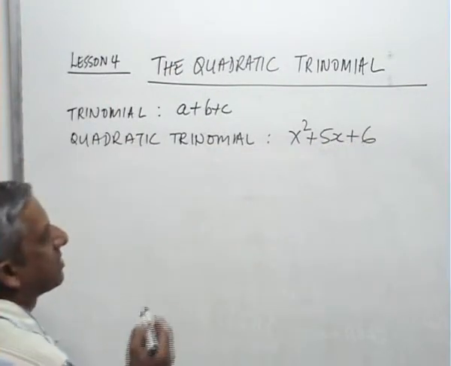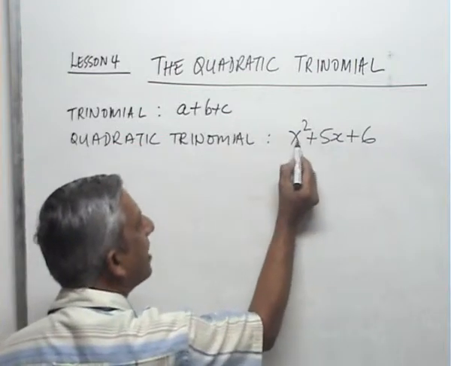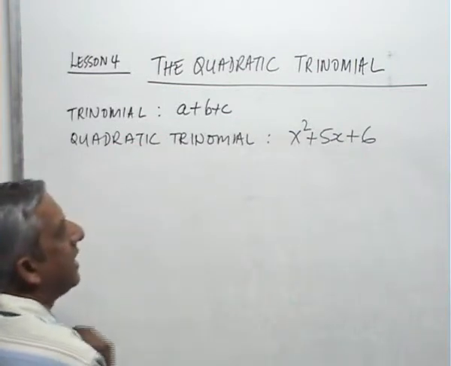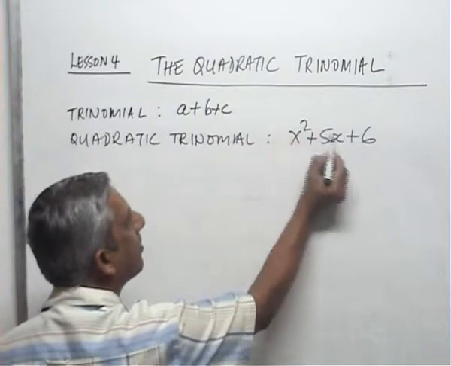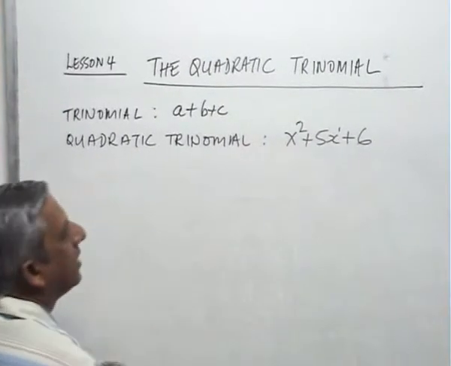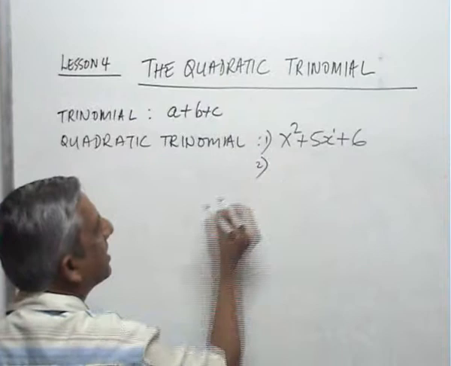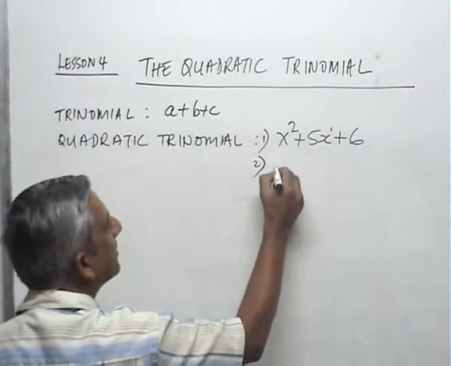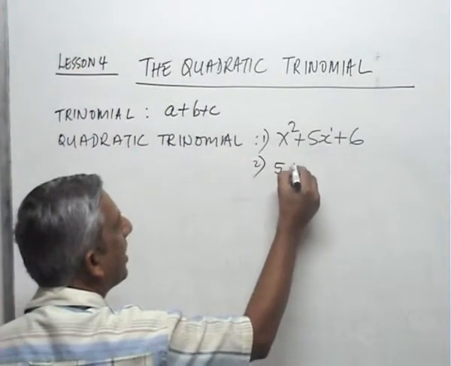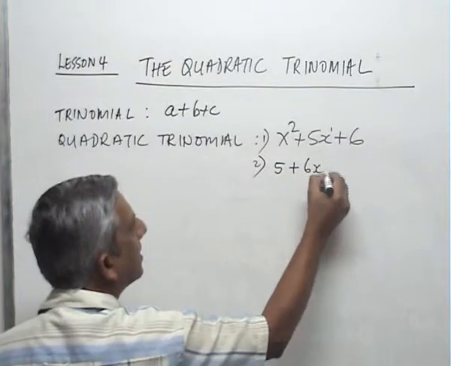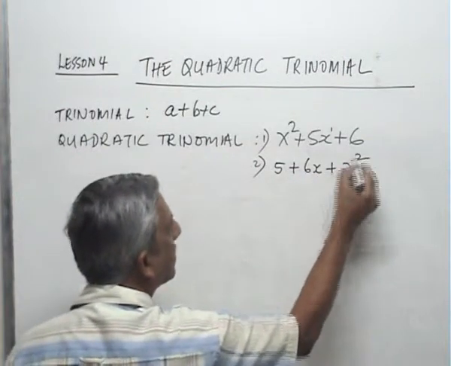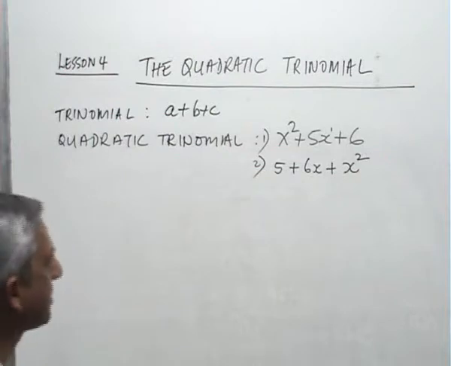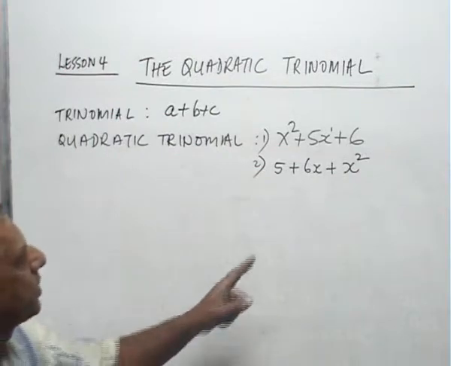Now what is special about this? Well, you can see firstly it is a trinomial with x's in it. And secondly, you can see the index is going from 2 to 1. Another example of a quadratic trinomial will be like this: 5 plus 6x plus x squared. Sometimes it will be written like that in reverse. But it is still a quadratic trinomial.